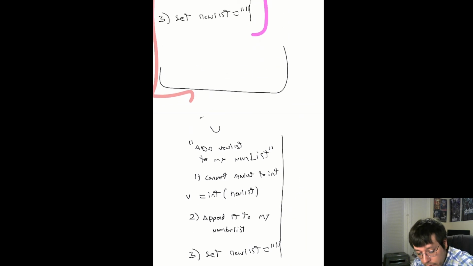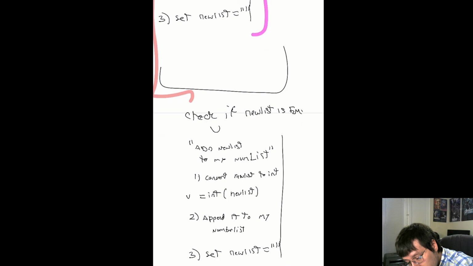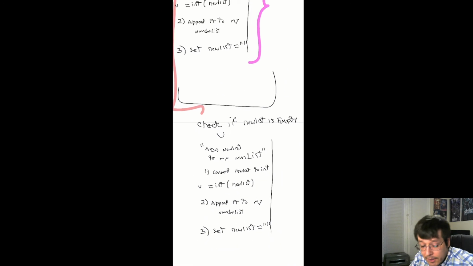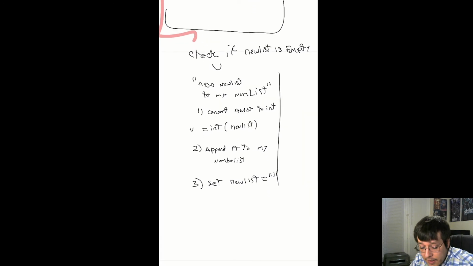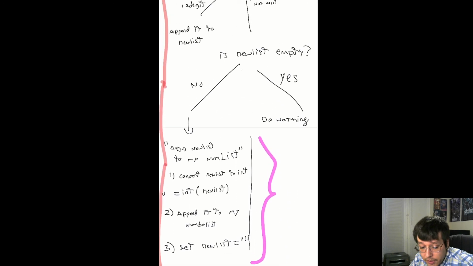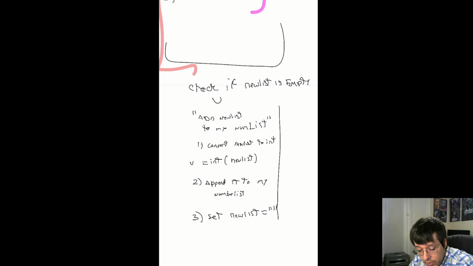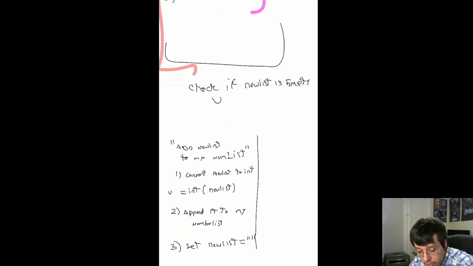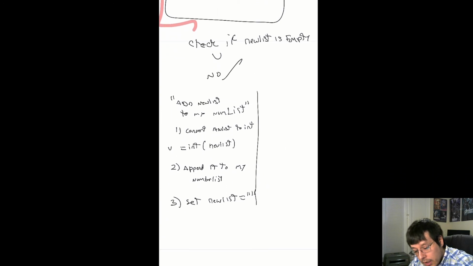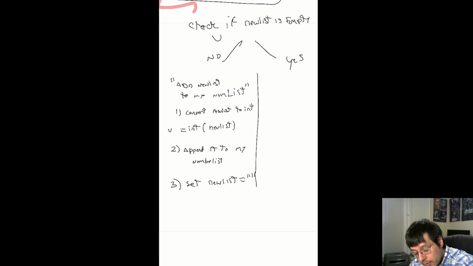So after the loop finishes, I'm going to have an if statement that checks if new list is empty. Okay? That's the same check you're doing up here, right? Is new list empty? So you just copy and paste the check. So again, this is the no section. So do all that for no, and for yes, do nothing.